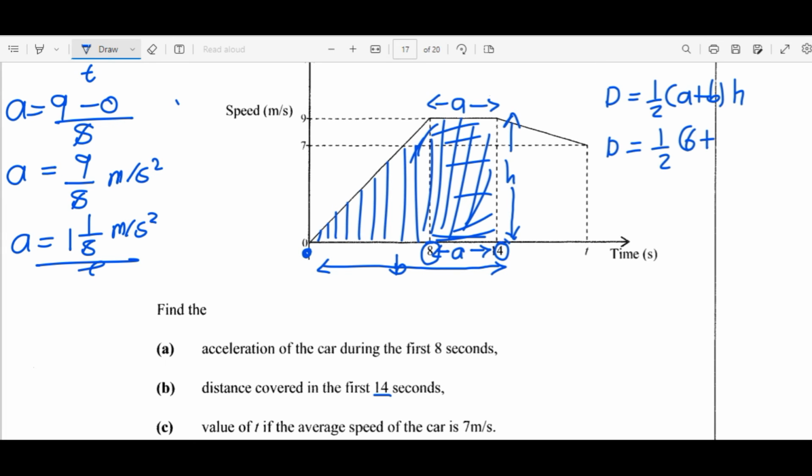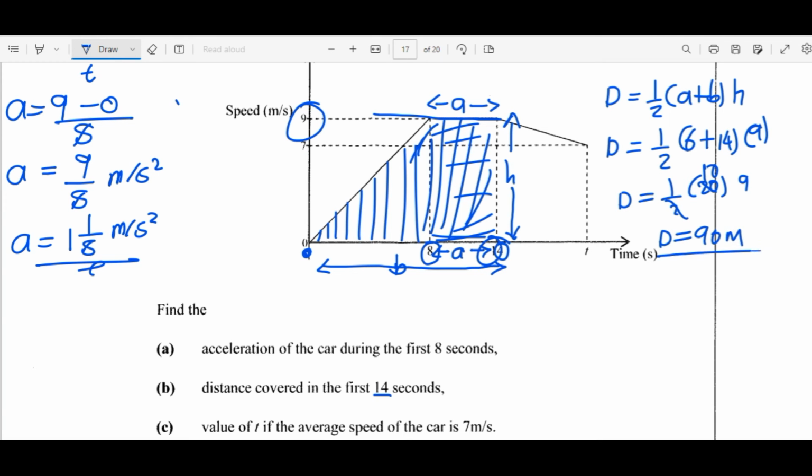Plus the b, which is just 14, times the height, which is 9. So 14 plus 6 is 20, times 9. Half of 20 is 10. 10 times 9 is 90. So the first part distance is 90 meters, as we can see.